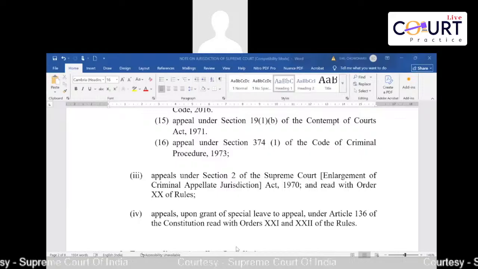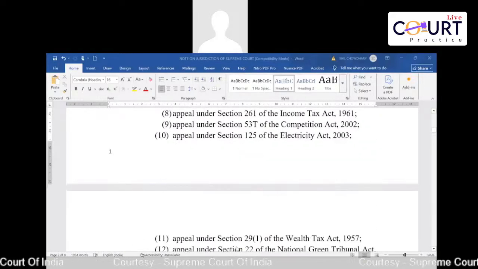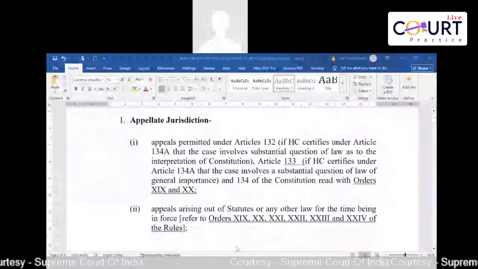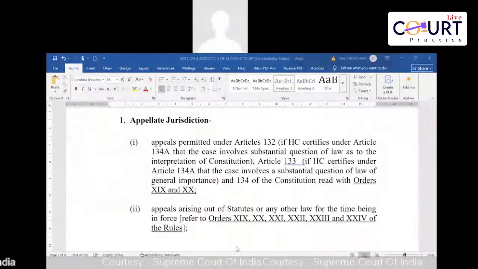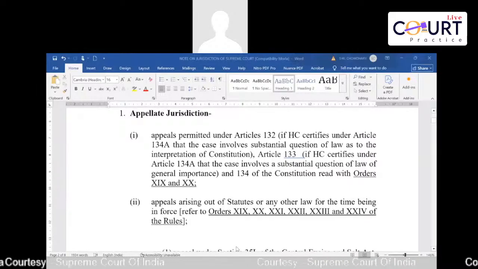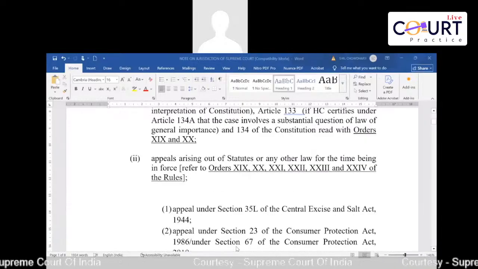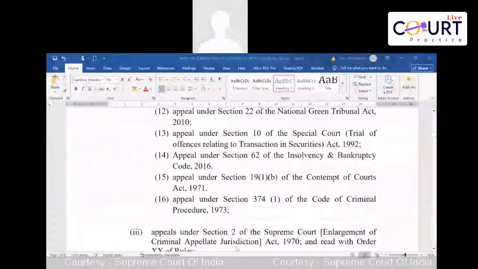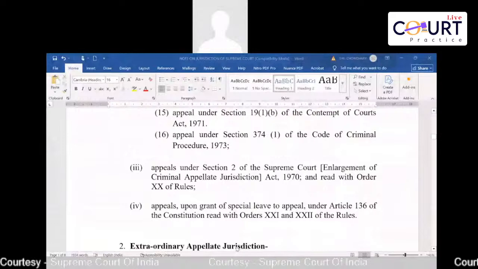I would like to add that under Article 134, also an appeal would lie to the Supreme Court if the High Court has reversed the acquittal and given a conviction of death sentence. So if the conviction is a death sentence, then an Article 134 appeal would lie. But if the conviction on reversal by the High Court is life imprisonment, then the appeal is under Section 2 of the Supreme Court Act.